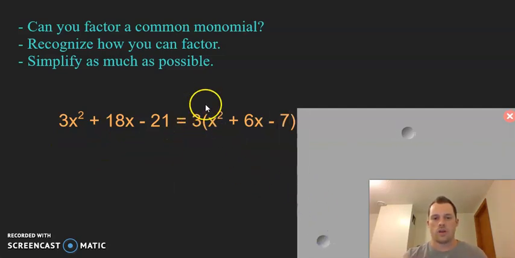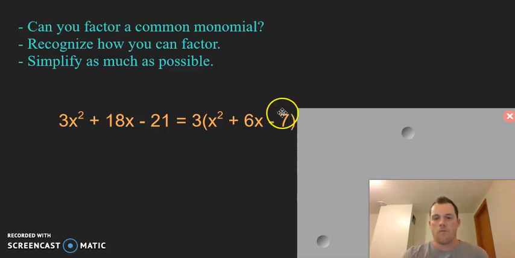Again, we just set that factor aside and look at what's left over. Now this is a much nicer trinomial to work with. We have an a value of 1, it's just x squared, and so we can do our pretty simple factoring.